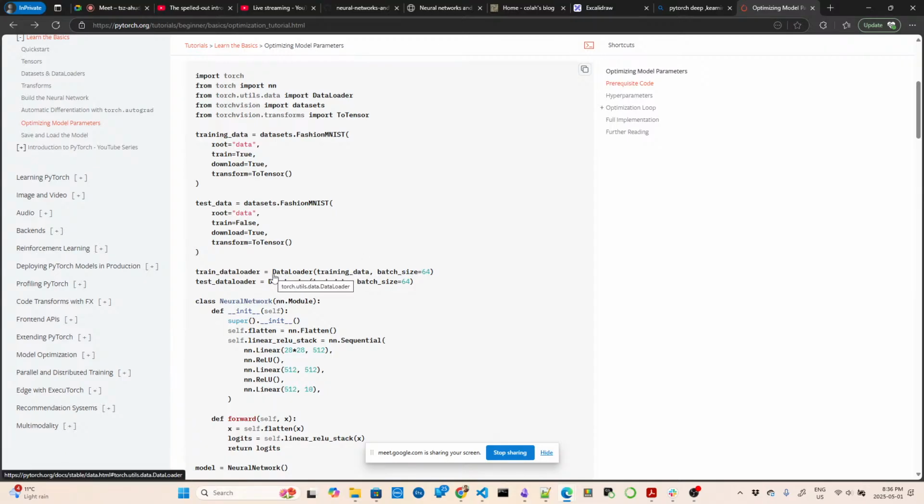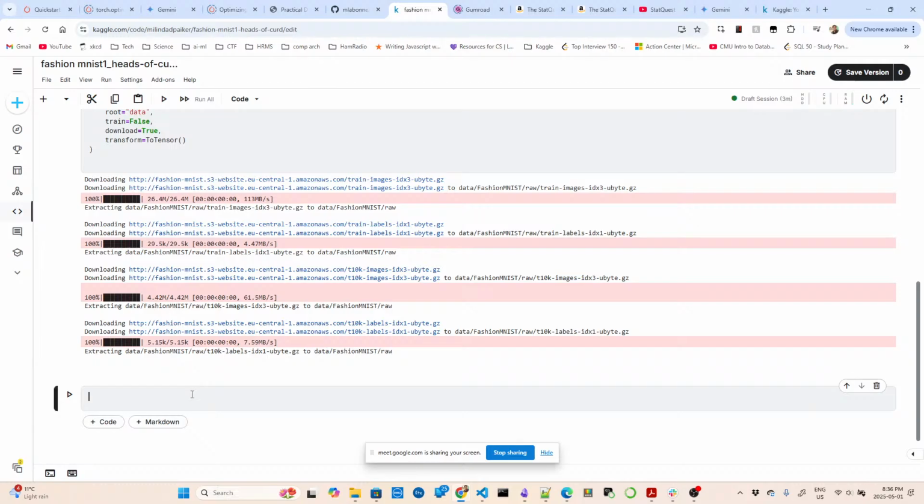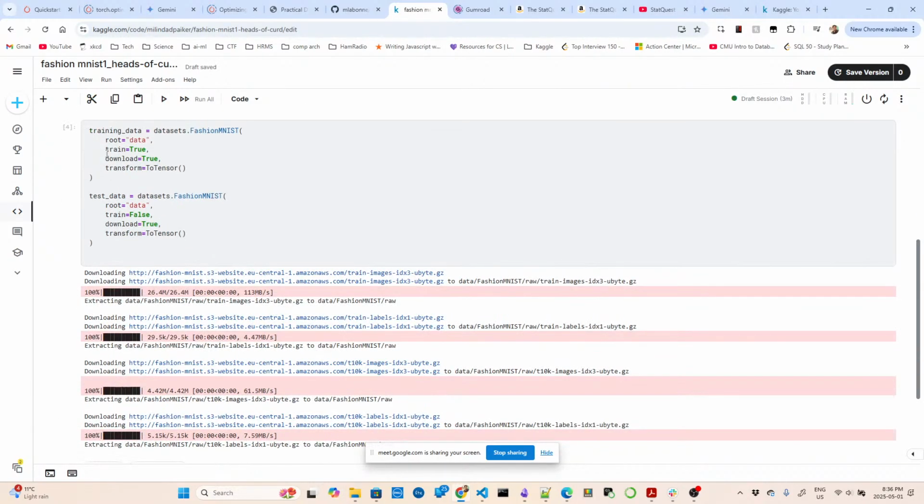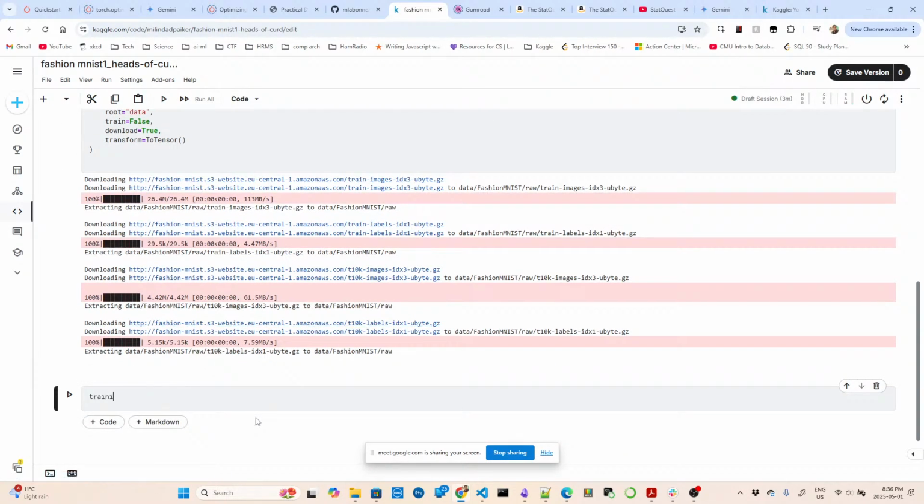Stochastic. Batch size is that only. Yeah. So basically, you are doing it in batches of 64 each, correct?